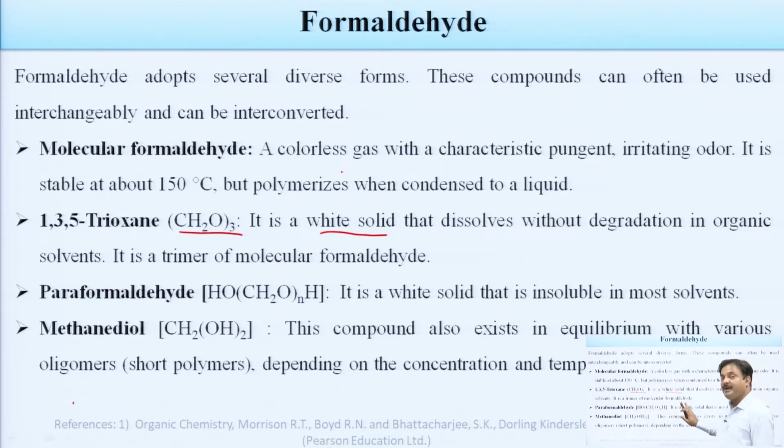The next form in which formaldehyde can exist is paraformaldehyde, which is represented as HO(CH2O)n H, meaning it is a polymer, where n number of monomers are joined together to form paraformaldehyde. It is again a white solid that is insoluble.